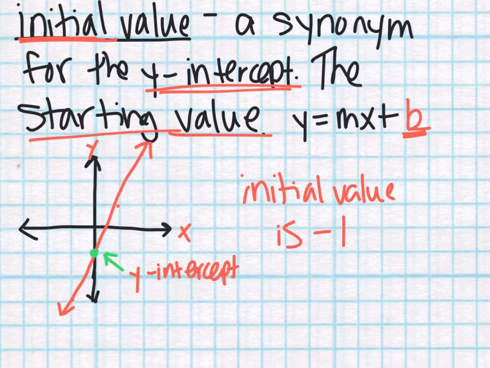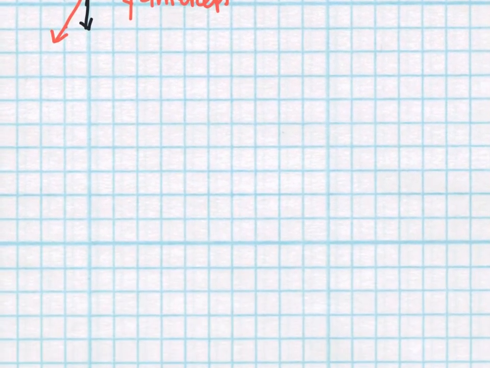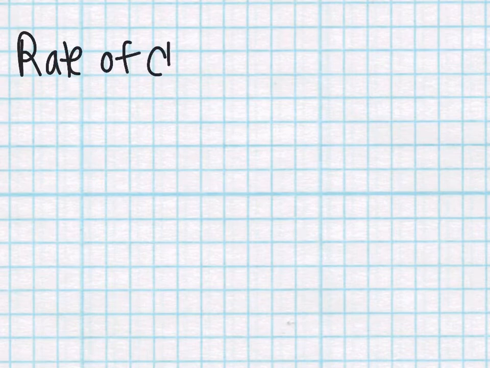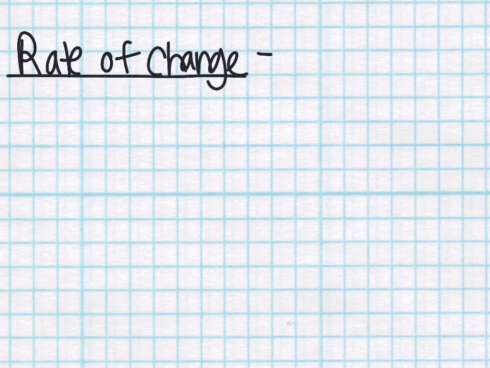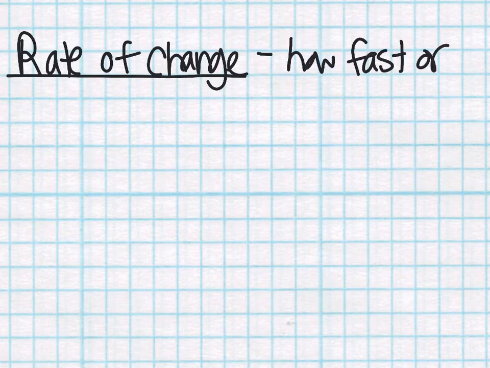So next word to talk about, rate of change. Let's get some more space here. Rate of change is how fast or slow something is changing.